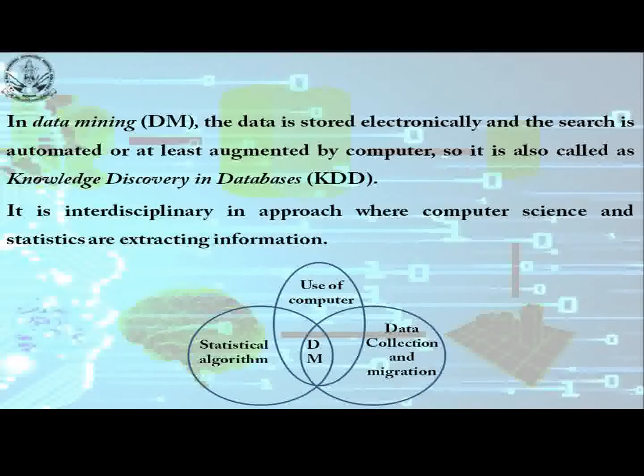It is an interdisciplinary science where computers, statistical algorithms and data collection and migration are amalgamated. You can see in the structure shown there: statistical algorithm, then data collection and migration, and use of computer. All three are combined. That's DM, that's data mining.